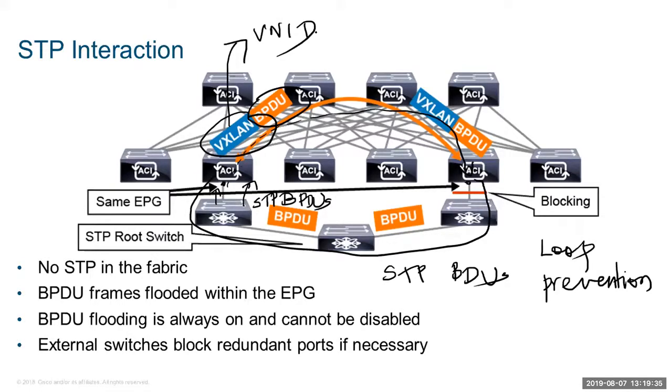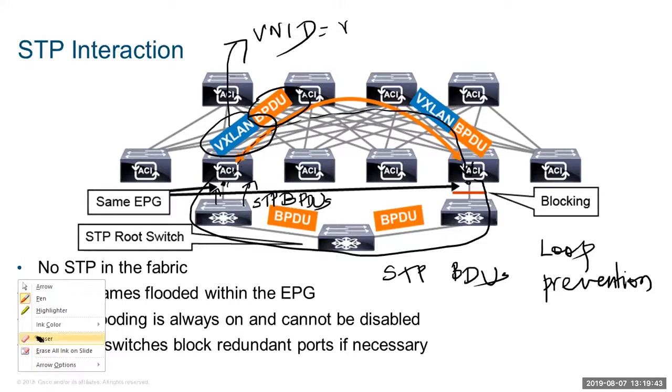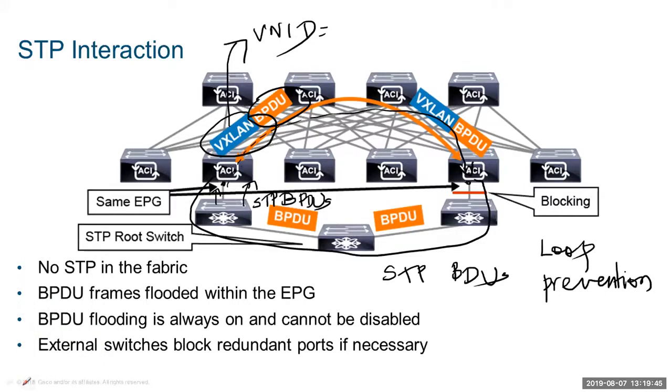Let me explain. Whenever packets are being routed, the VNID is actually an ID given to the VRF. When they're being bridged, the VNID is an ID given to the bridge domain.